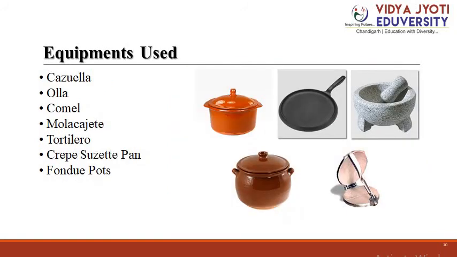There are a variety of unique equipment used by the Mexican people in their kitchen. Some of them are cazuela, it is basically a Mexican pottery dish. These are large clay dishes ideally for steaming mole and other sauce because the clay heats the content evenly, eliminating burnt spots.